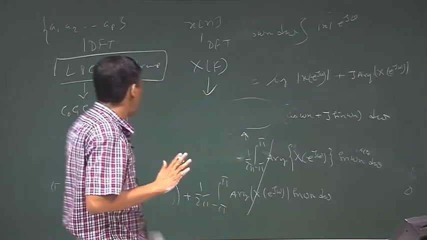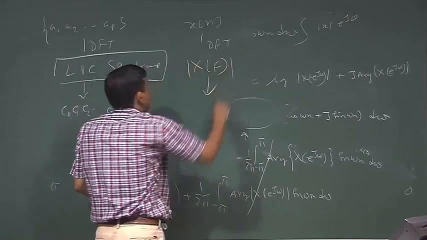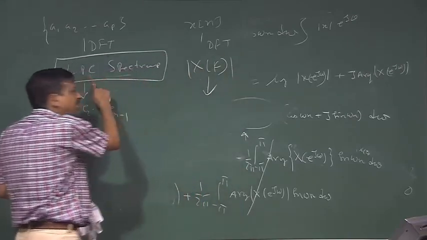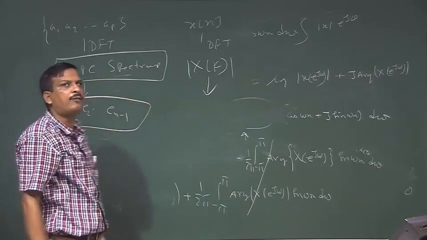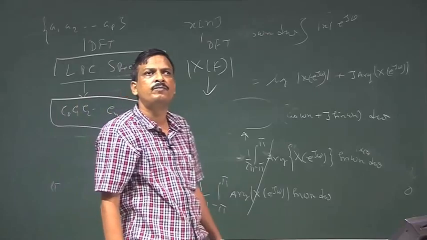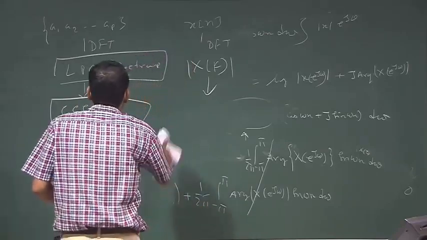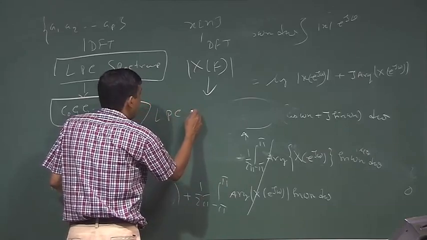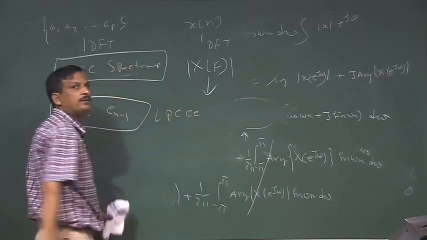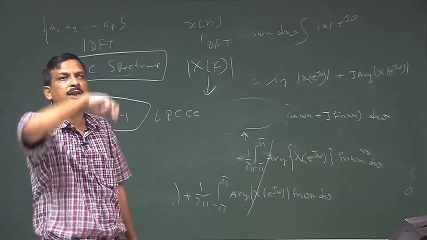Now, if instead of the signal spectrum I use the LPC spectrum, then it is also possible to find the cepstral coefficients from the LPC spectrum. The parameter is called LPCC, the LPC cepstral coefficient.